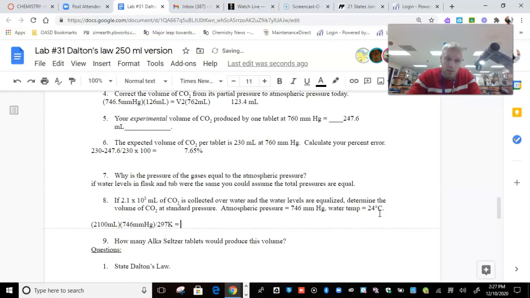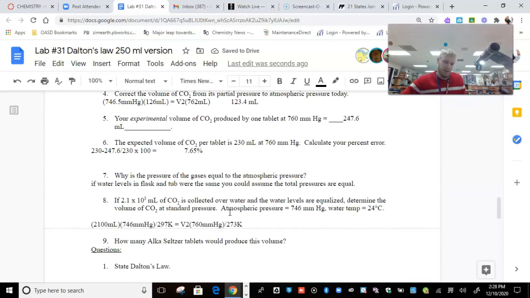And this equals standard pressure. We want to figure out what is the volume, so we're going to do V2 times our standard pressure. Since we're in mmHg, I know 760 mmHg is standard pressure. We divide that by standard temperature, which is always 273 Kelvin.